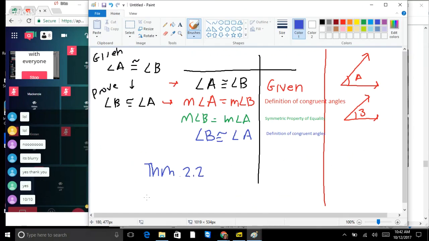Okay, any questions about that? So now we're able to use all these theorems to make another argument for why certain things are true.